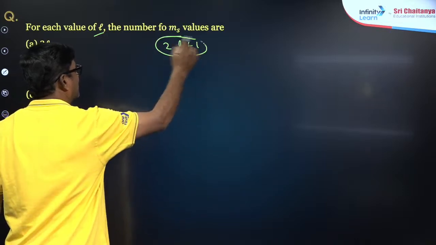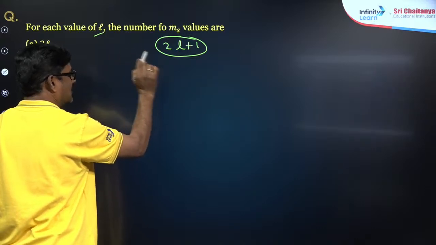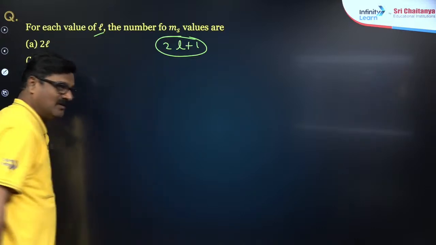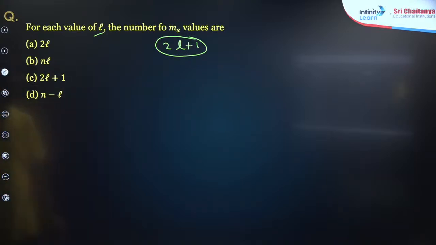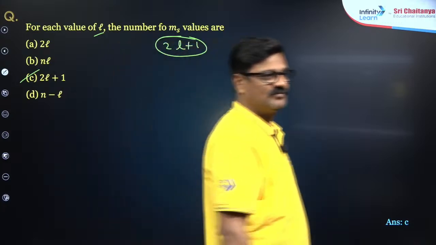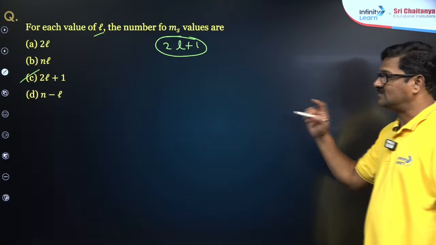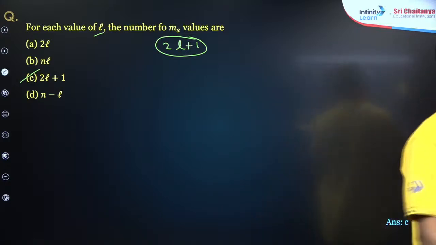That indicates the number of orbitals in a sub energy level. So my answer for this question is going to be 2L plus 1, the number of orbitals present in a sub energy level.